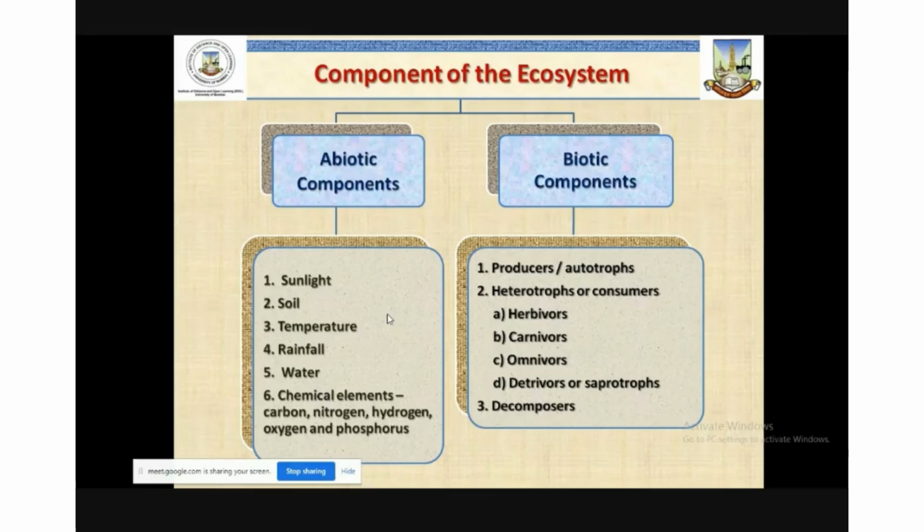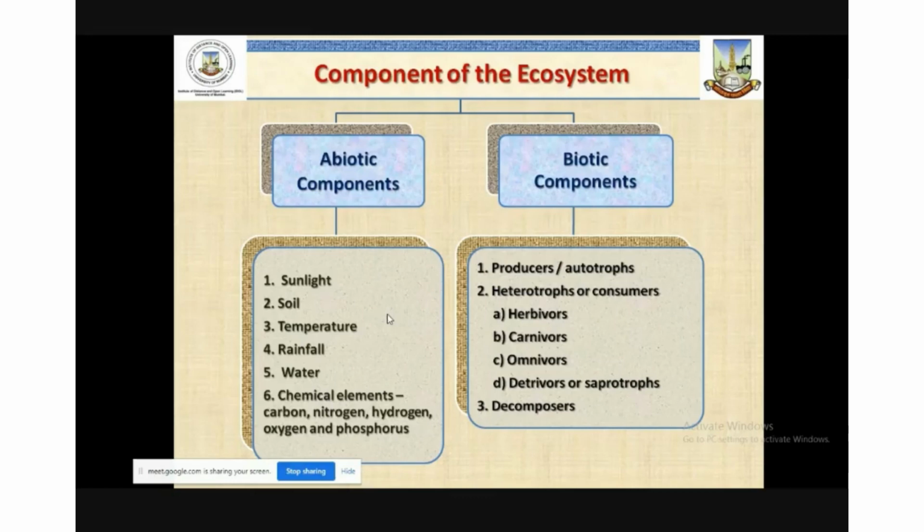These abiotic components play a very important role in the functioning of the ecosystem, because without their help, animals, plants, and other living creatures on this planet won't be able to get their food.